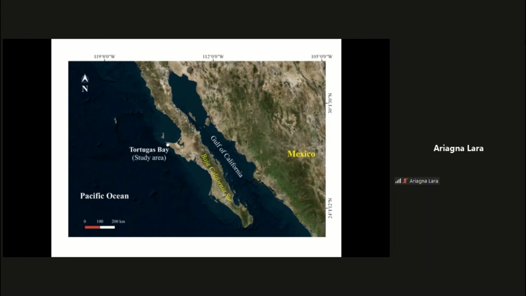The samples were taken in the fishing camp of Bahía Tortugas, located on the western coast of Baja California Sur. Fishing is the most important economic activity in the region.